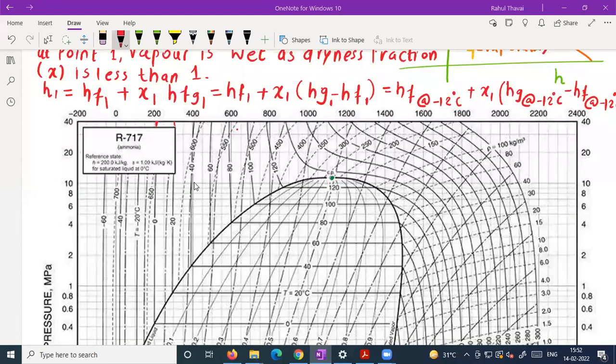Can you see this one? This is 0 degrees Celsius, right? When you see this line, can you see it now? This is the minus 20 degrees Celsius line. Let me know, is that okay? This is 0, this is minus 20, right?